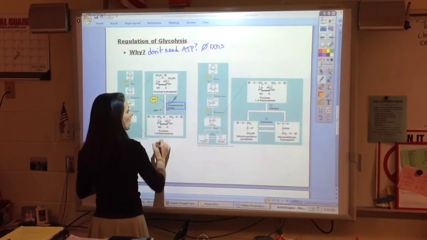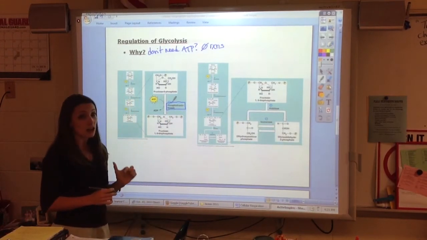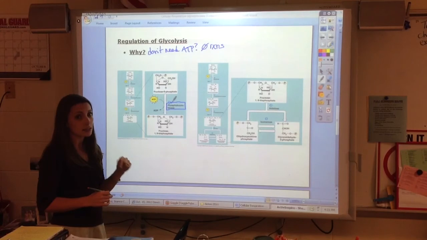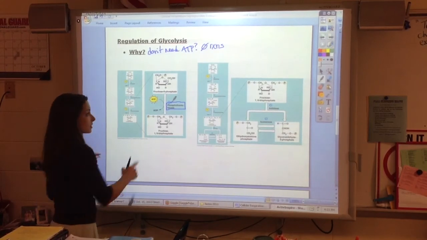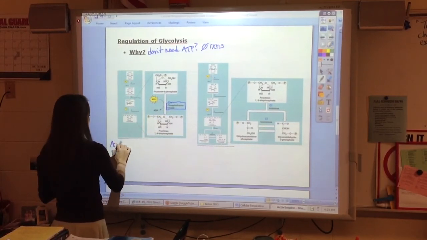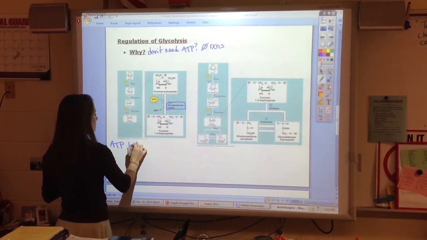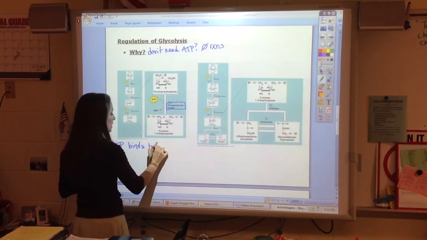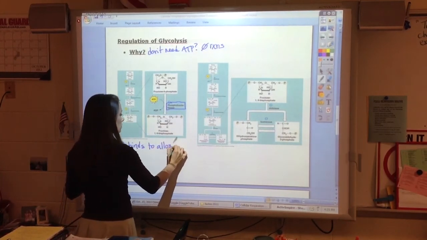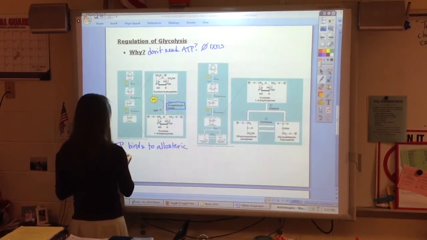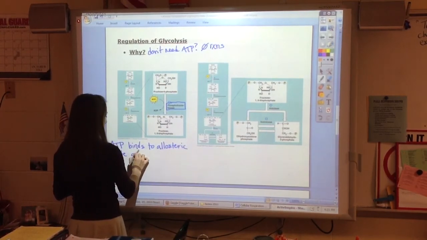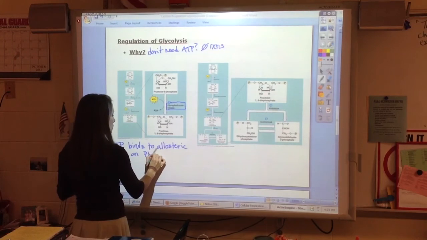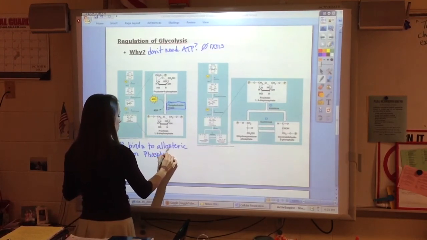Phosphofructokinase is an enzyme that is allosterically inhibited by ATP. So, ATP binds to an allosteric site on phosphofructokinase.